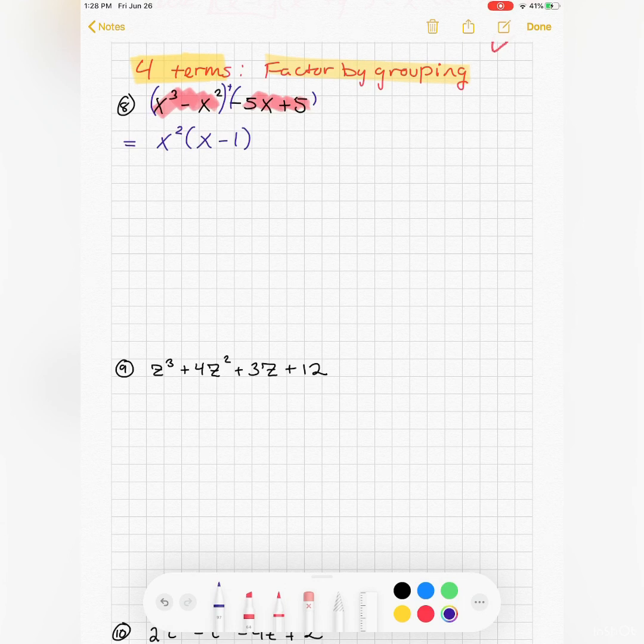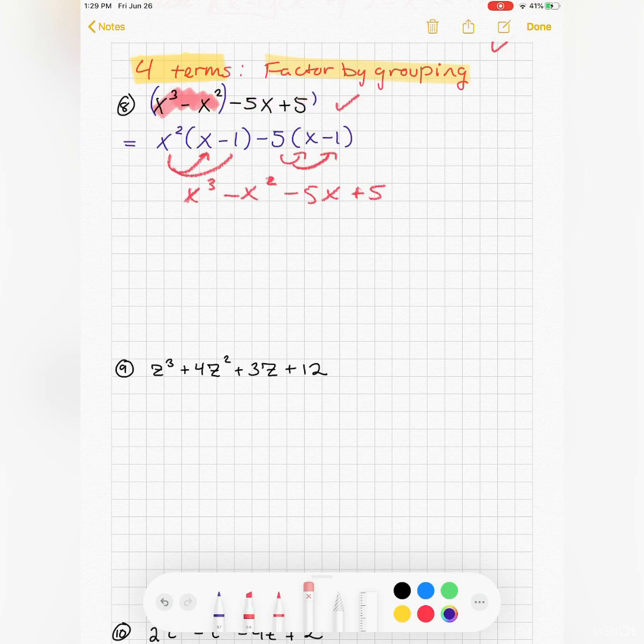Well, a 5 or a negative 5, but remember when that leading sign is a negative, we typically pull a negative out. Before I do anything else, look, check these. This would be x cubed minus x squared. Then I'd have minus 5x plus 5. That's what I started with, right?